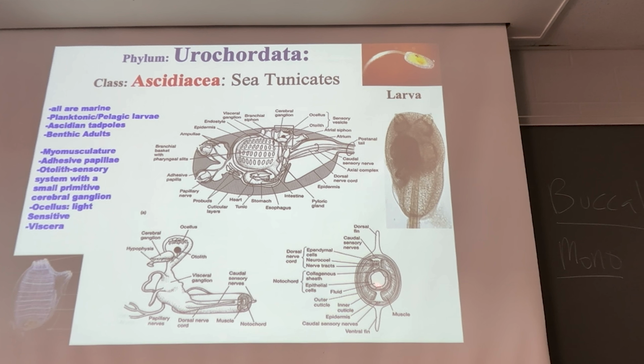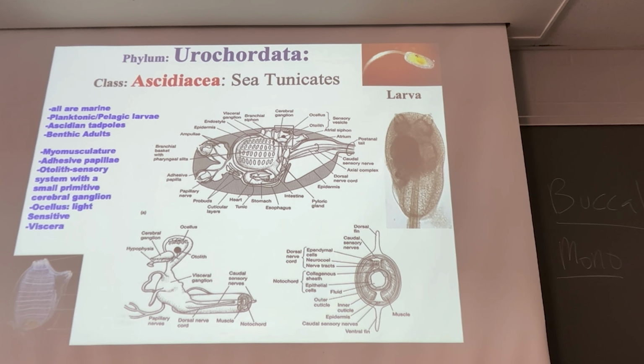So it forms a hydrostatic rod that allows you to bend and move the tail. And then notice there is myomusculature on either side of the notochord. And if I beat them in sequence, right, left, right, left, I can then move the tail and propel the whole tadpole forward.